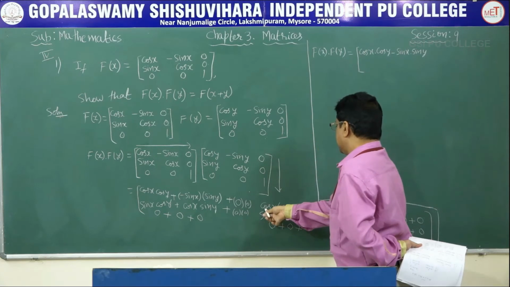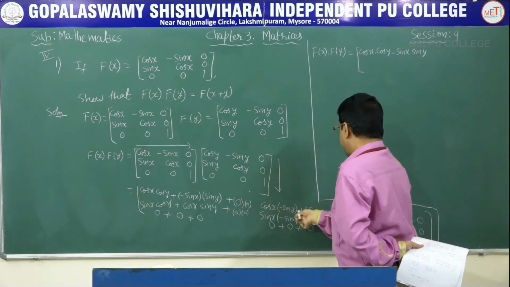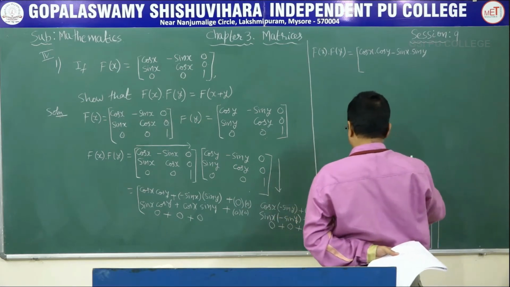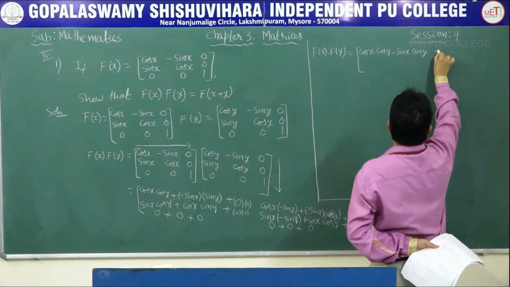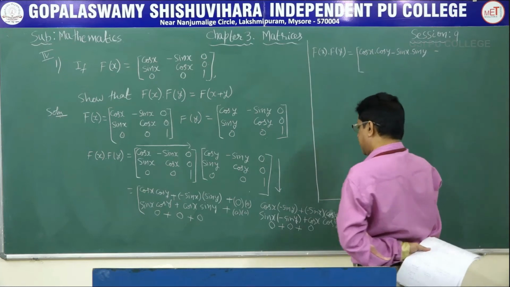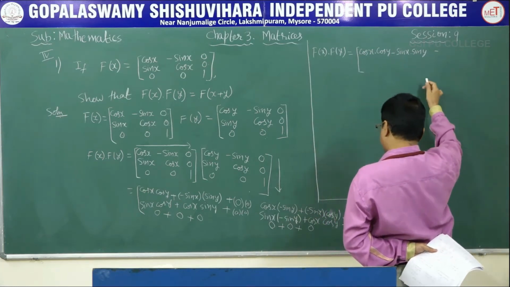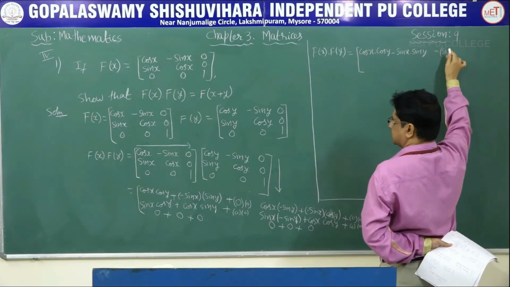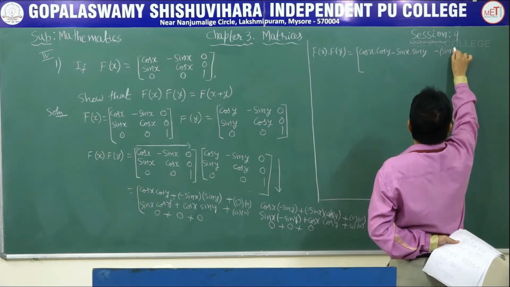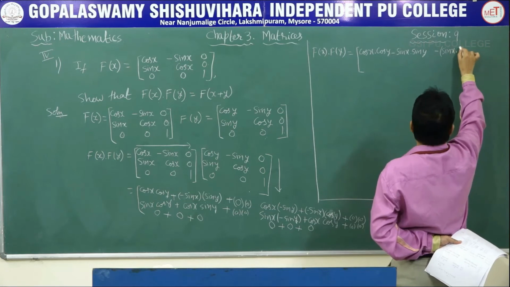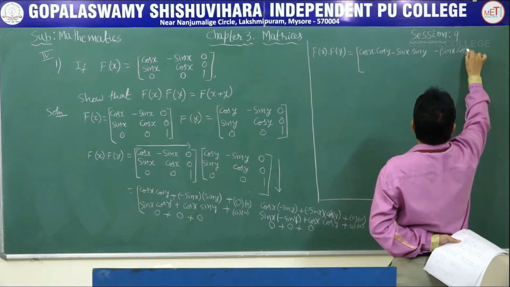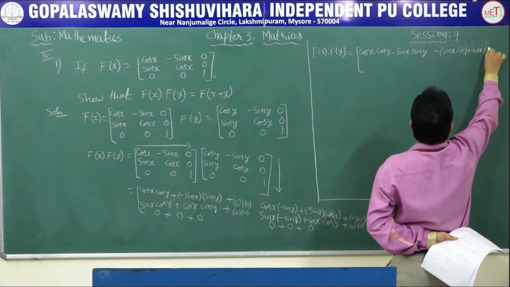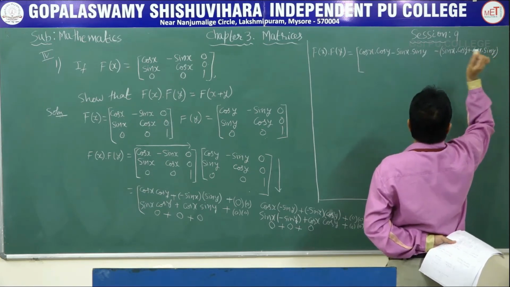Here, cos x into minus sin y plus minus sin x into cos y. If we take minus common, we have minus of sin x into cos y plus cos x into sin y.